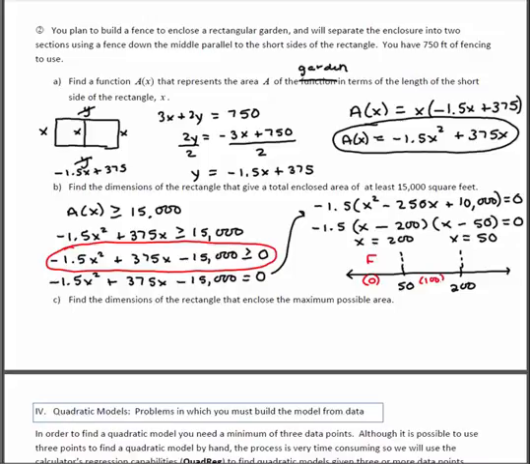Once again, I'll leave it to you to do the arithmetic, but if I were to plug 100 into that inequality, I would get a true statement. And if I were to plug in perhaps 300, I would get a false statement again. So, for x between 50 and 200, I get a total enclosed area of at least 15,000 square feet.